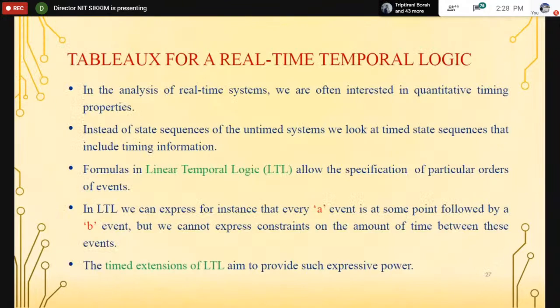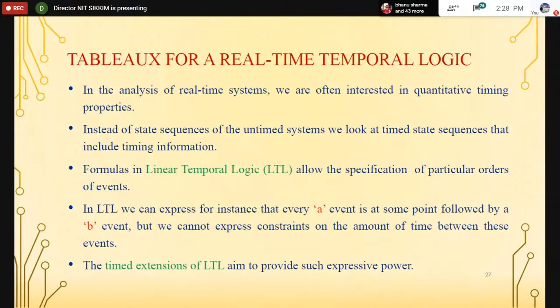Now, what is tableau? So I have already said that the conversion of this finite state automaton to an omega automaton is generally called the tableau method. In real time, we are often interested in quantitative timing properties.